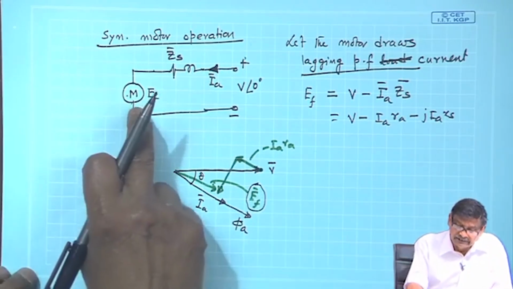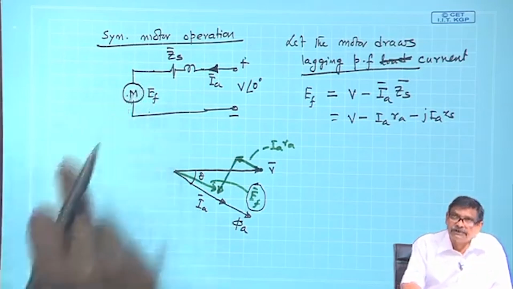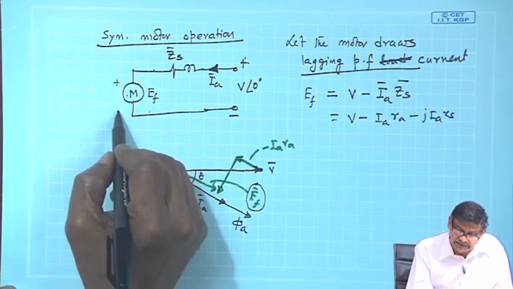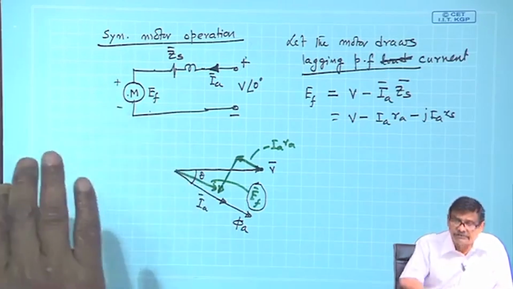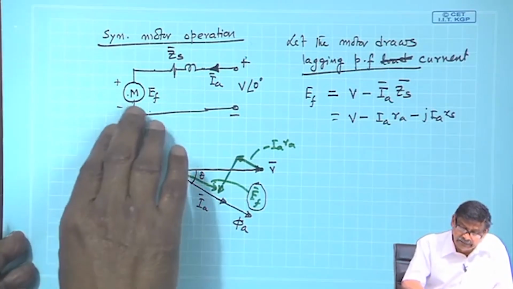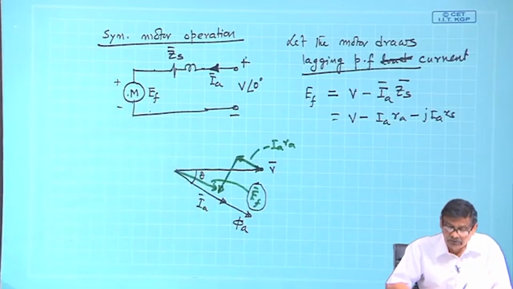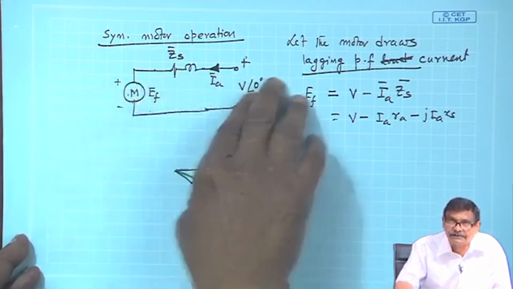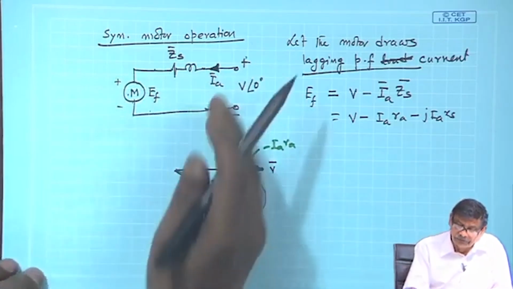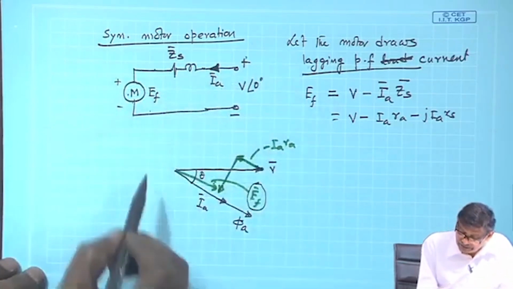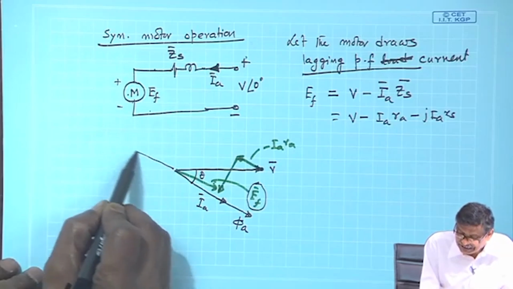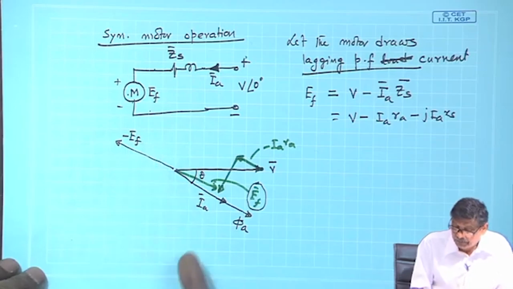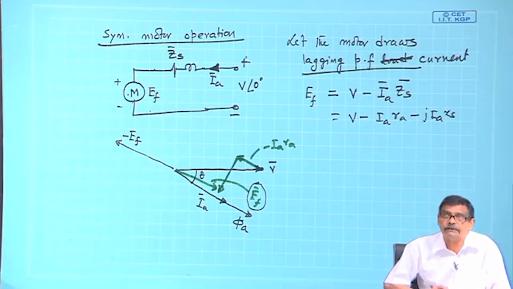Ef is the generated voltage inside the machine, and its polarity will be like this. If this EMF is allowed to act alone, it would have driven current in this direction. Therefore, to take that into account, your actual Ef is here, minus Ef, if you want to get information about phi f correctly.